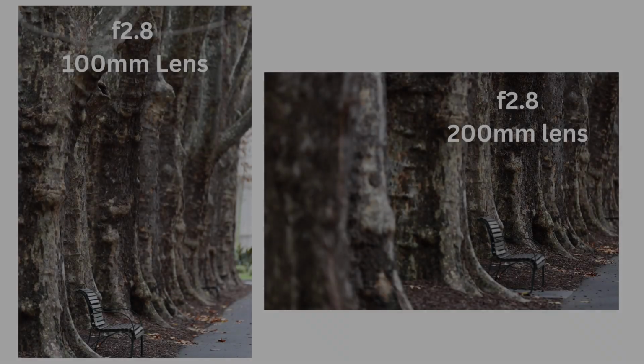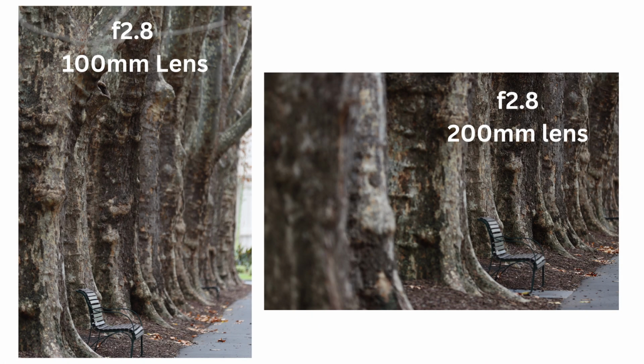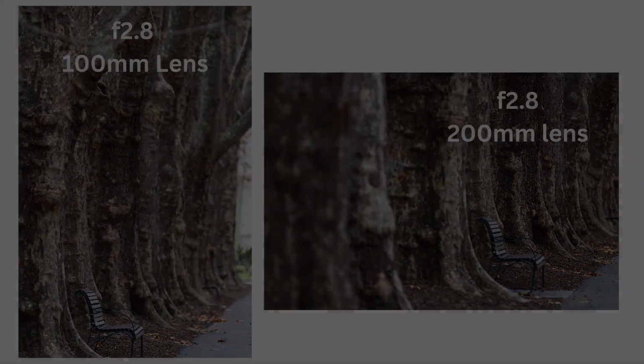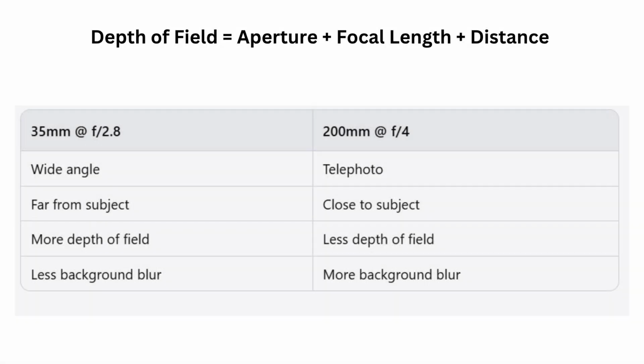So as an example, taken from the exact same distance, here is the 100 millimeter perspective at 2.8 versus the 200 millimeter perspective at 2.8. See the difference. There is more depth of field with the 100 versus the 200. So when you're thinking about depth of field, just remember it is the combo of those three things: aperture, focal length, and distance.